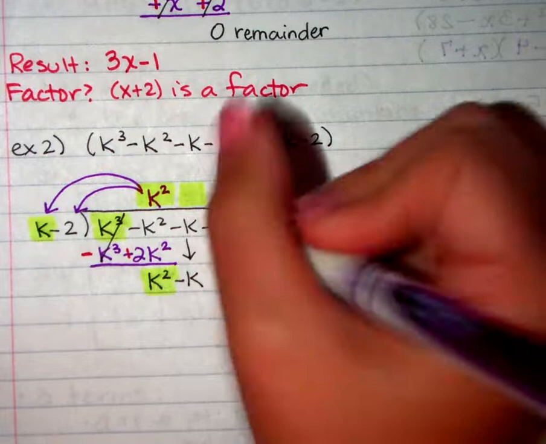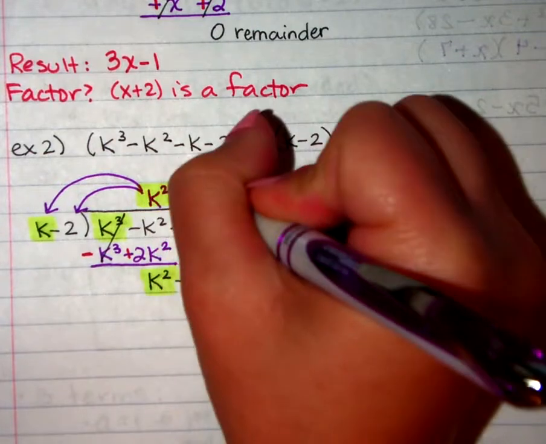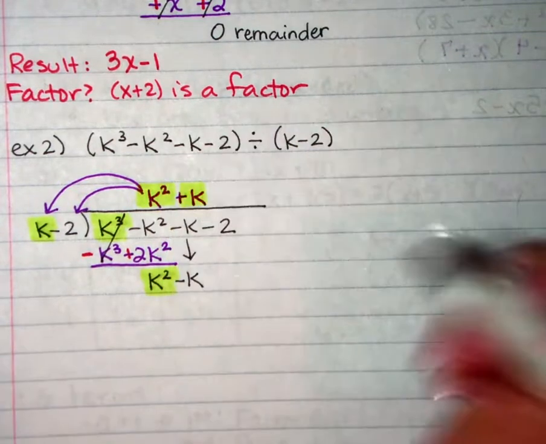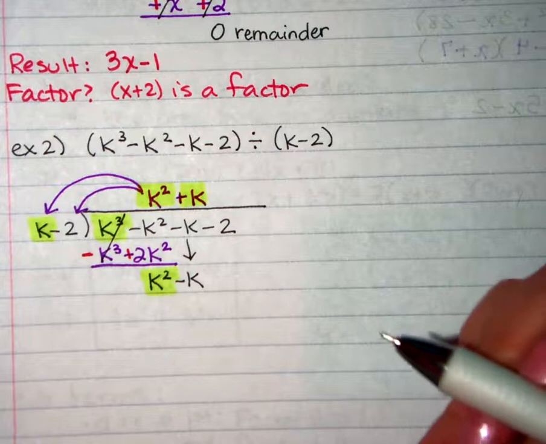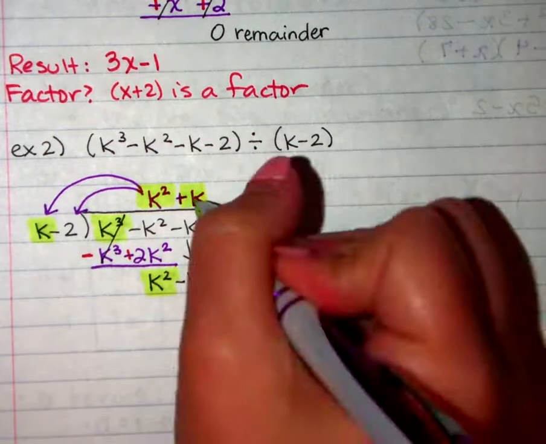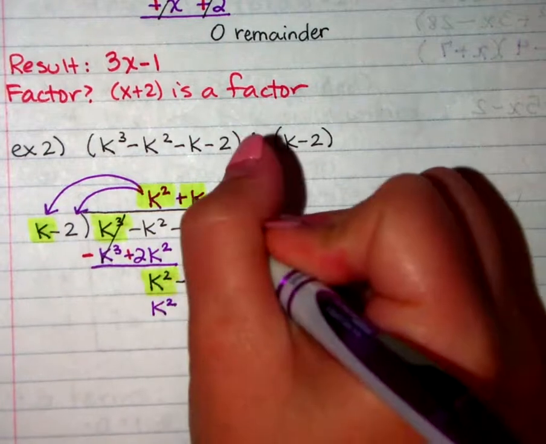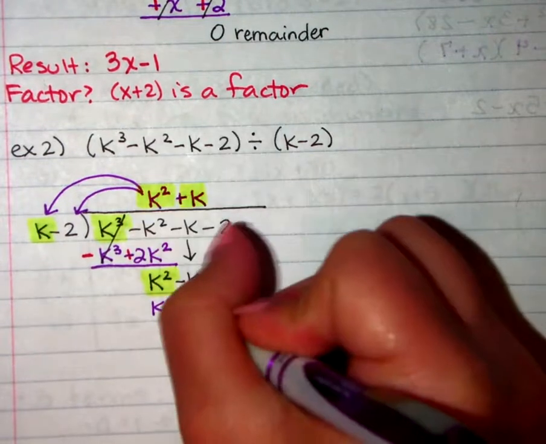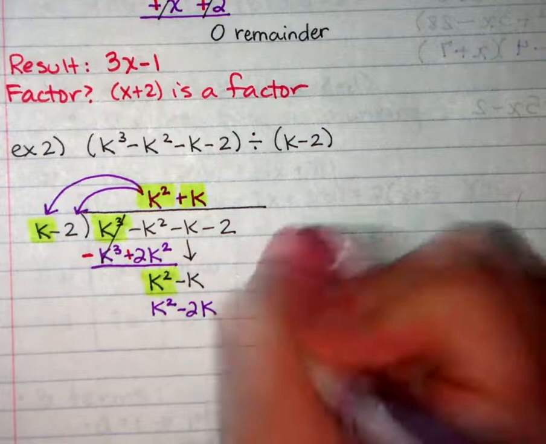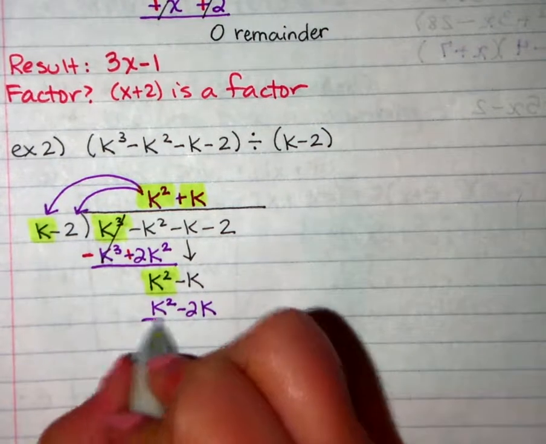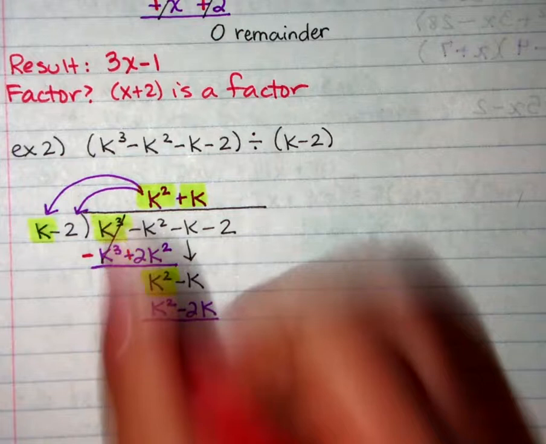K times a negative 2 is a negative 2k. Draw your line. Change your sign. Now again, we're going to add vertically. Minus 1 plus 2 gives me a k. And bring down the negative 2.